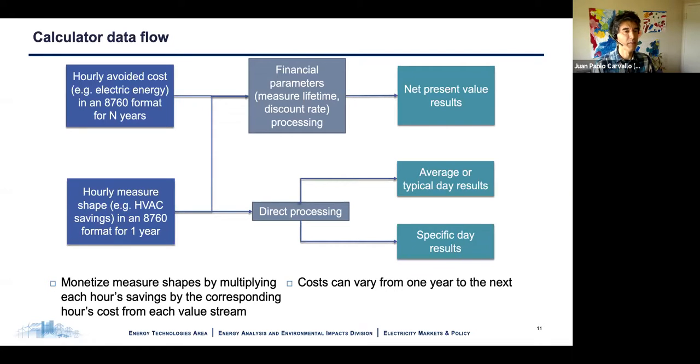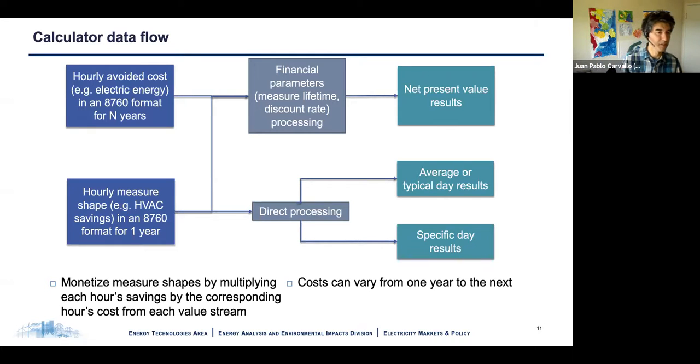In this case, I'm showing, for example, one of them could be electric energy. The other key component is hourly measure shapes, and these are either savings shapes or end-use load profile shapes that are also in an 8760 format, but these are only for 1 year. So in this case, we're limiting the calculator, for simplicity, to have 1 year's worth of savings, and then that same year is replicated over time.